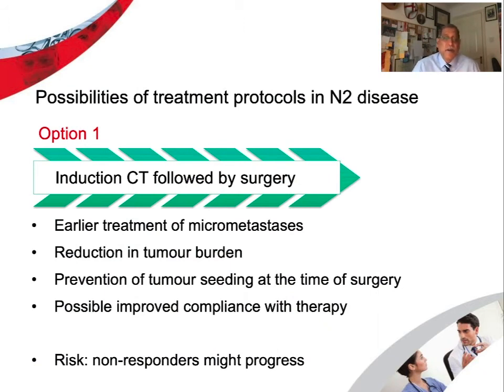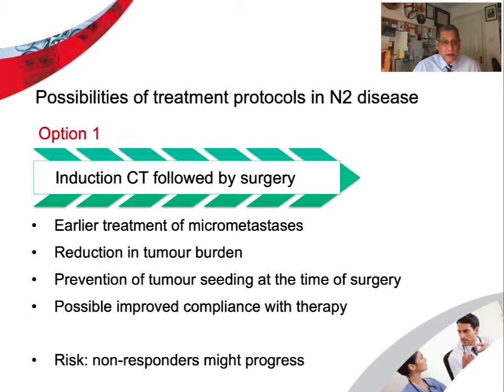What is attractive about this first option? One will have to give it the plus point of being a systemic treatment, and it deals with micrometastasis early in the phase of the illness. So it deals with all those metastatic cells that are swimming in the circulation. It can reduce the size of the primary, perhaps make an inoperable tumor operable. The patient's compliance is better, because patients might be averse to surgery, and if they have it up front, they might not complete the chemotherapy postoperatively.